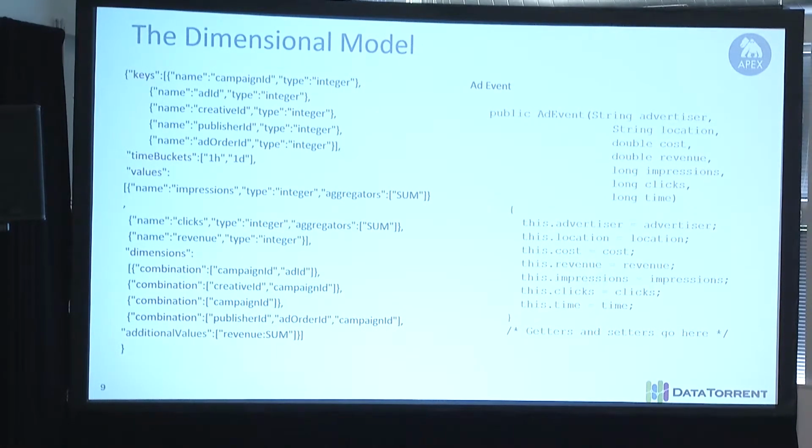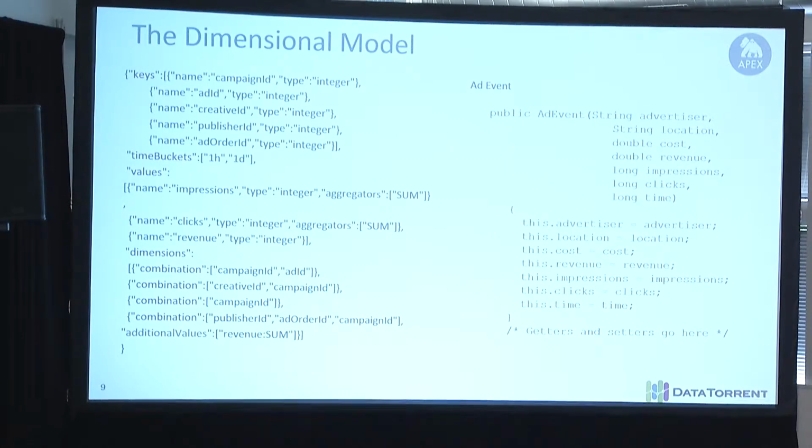In this particular case, it's sum. And then you could have a combination of dimensions, which are essentially campaign cross ad ID, creative campaign, publisher, ad order, campaign ID. And then you may want to specify some additional aggregations that are not generic enough, but only for this specific combination. So you could do that with this additional values parameter.